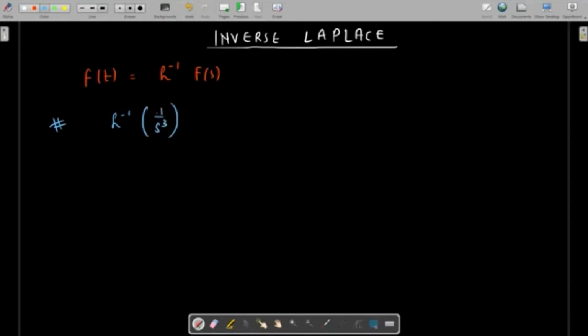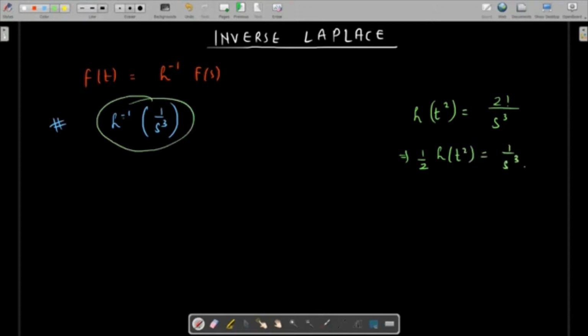We are going to recall that the Laplace of t squared is nothing but 2 factorial over s cubed. This means that 1 over 2 times the Laplace of t squared is 1 over s cubed, which is exactly what we can use over here.